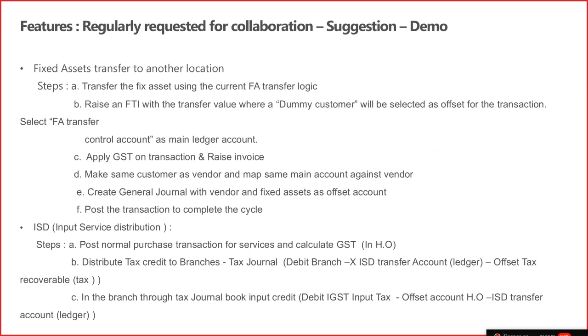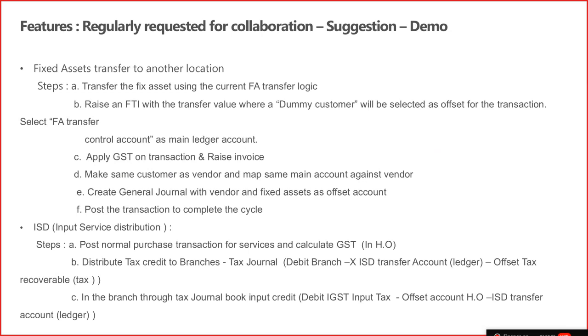And another tax journal you have to post in the branches, where they will debit the head office and credit the respective tax account. And please note, at the head office you have CGST and SGST, but when your branches are situated in a different state, for them it will be IGST. So they will post IGST recoverable in their books.